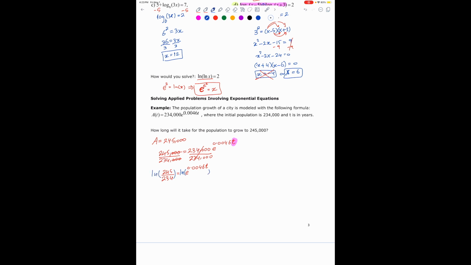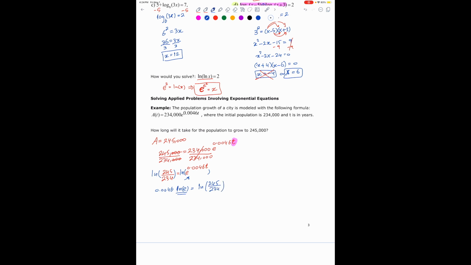I know that the natural logarithm is going to bring the power of the exponent down. So it's going to be 0.0046, I'm starting with this side, times natural logarithm of e. I know that the natural logarithm of e is equal to 1, equals the natural logarithm of 245 divided by 234.